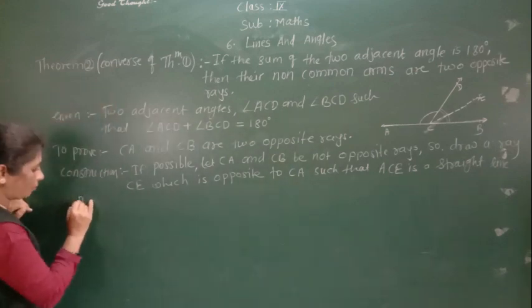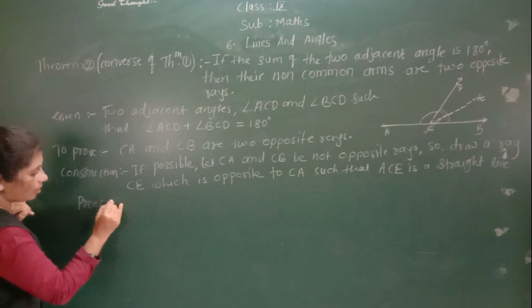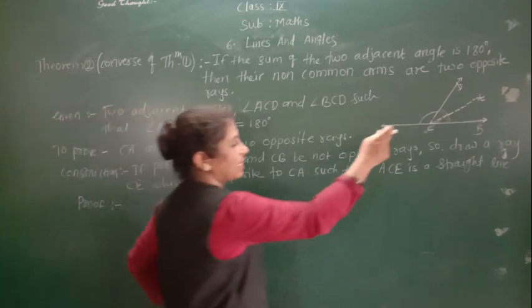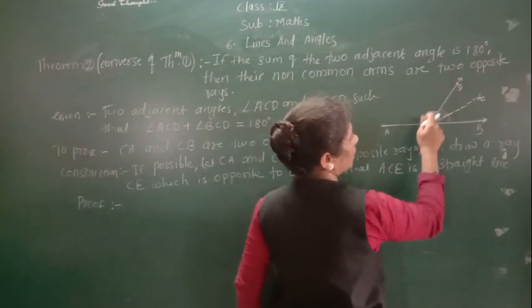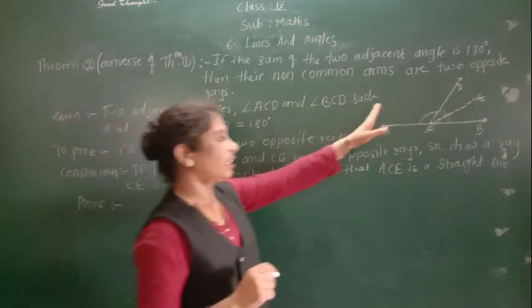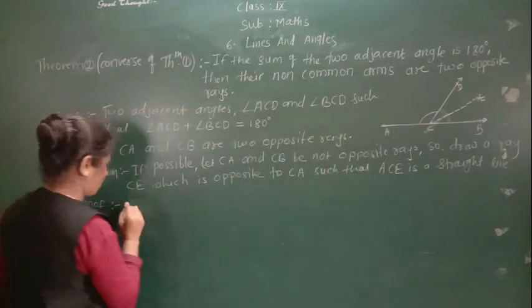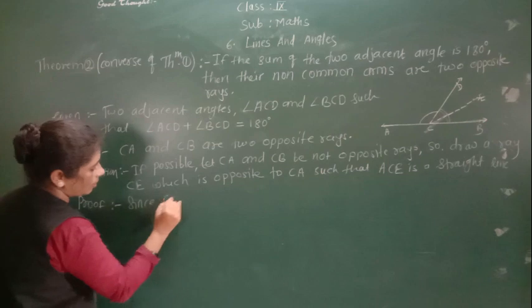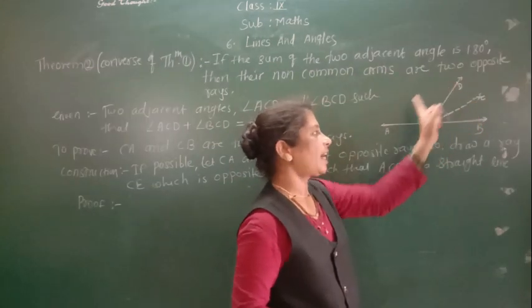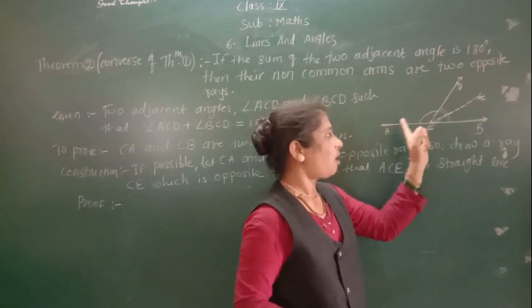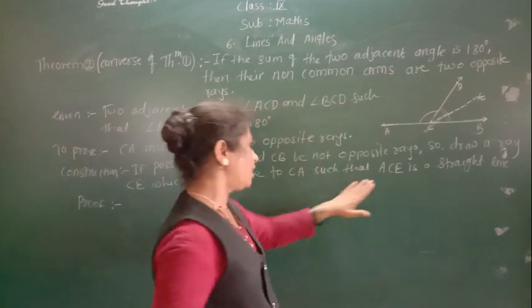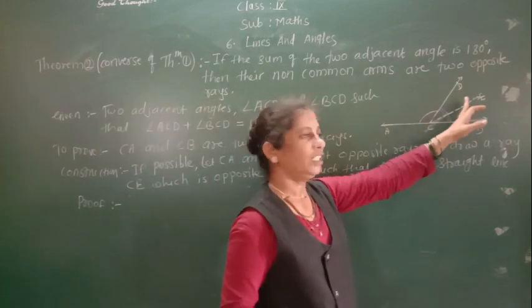Now we will start the proof. How are these CA and CB two opposite rays? Since the ray CD stands on AB, which we have taken before, and if ACE is a straight line, then CD stands on ACE, or CD stands on AE, right?